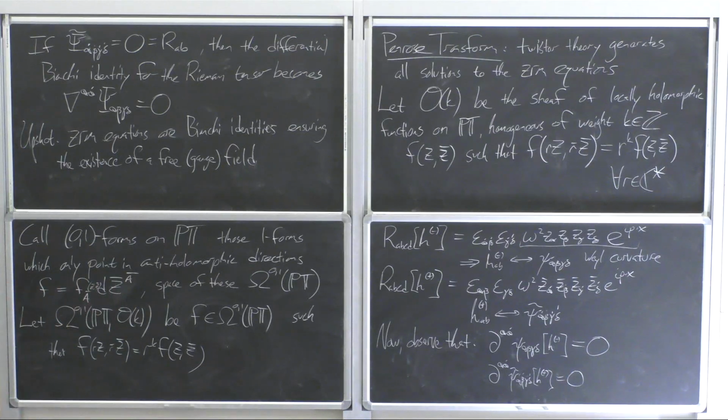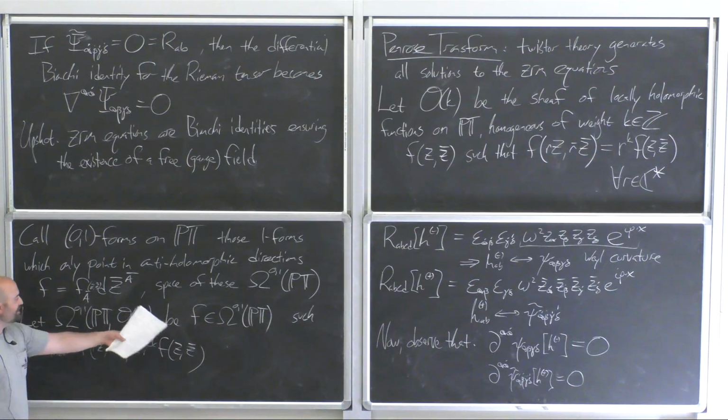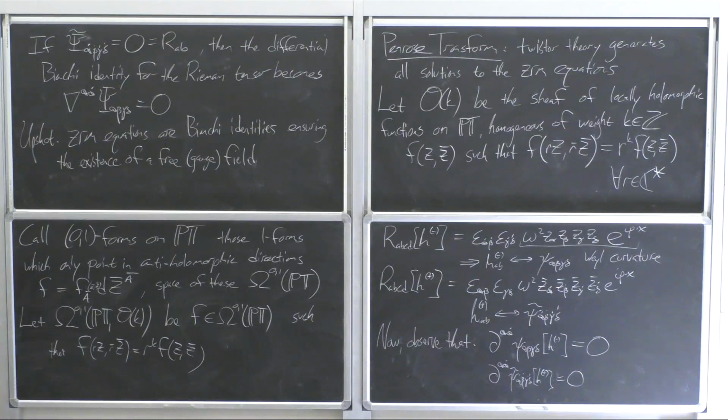Okay? So you would read this as a mathematician as the space of all 0,1 forms on twistor space taking values in this sheaf O of k, but you should just think of it in these super concrete terms, right? 0,1 forms that scale in a certain way, that have a certain homogeneity.